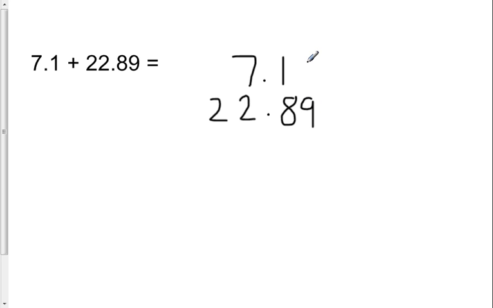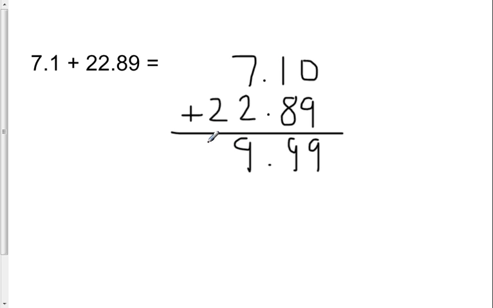And often what I want to do is just add a 0 so that I have my decimal places all together. Same number of place value places. And then I just add. Again, the decimal point is lined up. My answer is 29 and 99/100. Remember, my estimation was around 30, so that's very close.